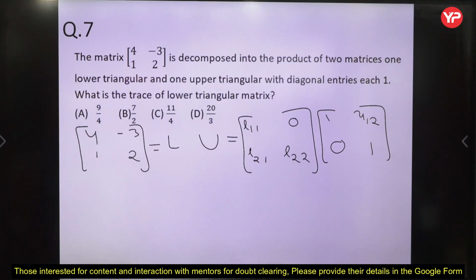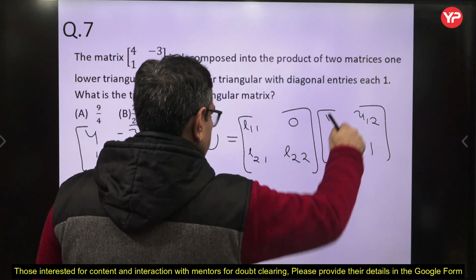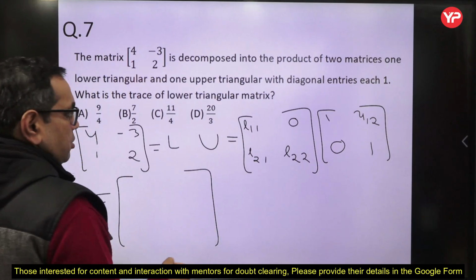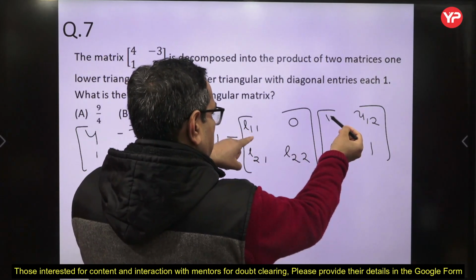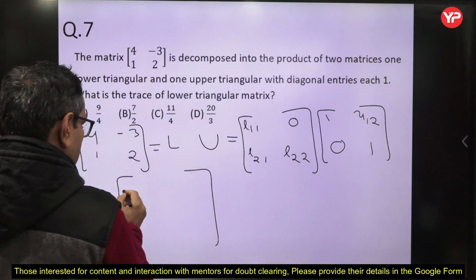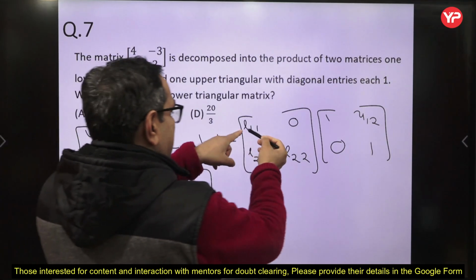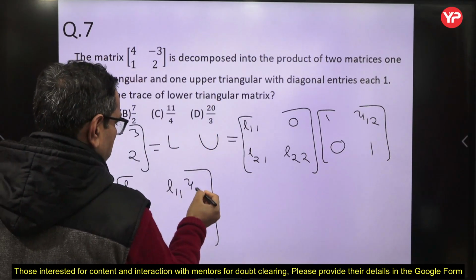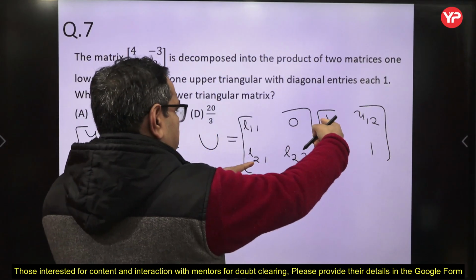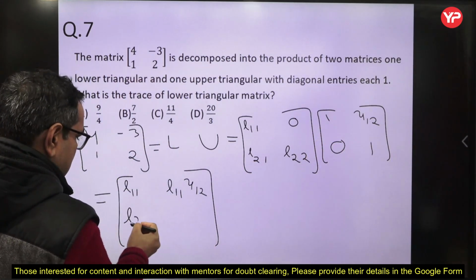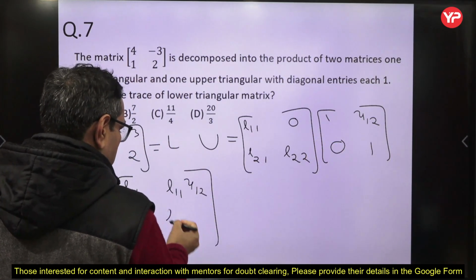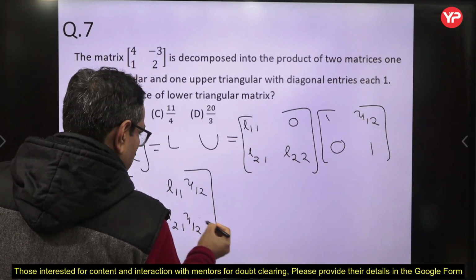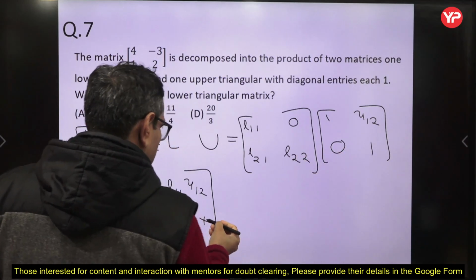So if we multiply these two matrices, what we get? This is L11 plus 0, so L11. Then L11 U12 plus 0, so it is L11 U12. Then L21 times 1 plus 0, so L21, and then L21 into U12 plus L22.